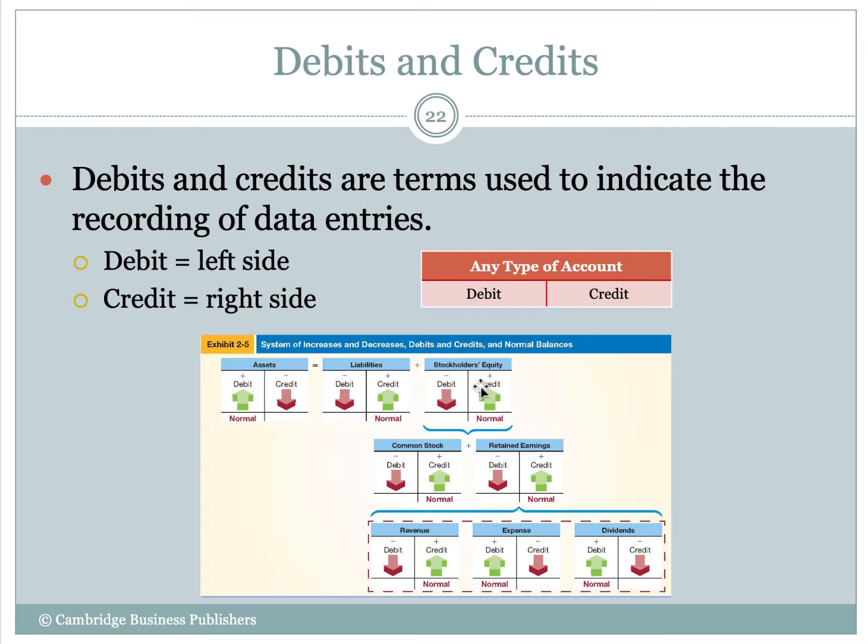So we see here in the middle our T account, and we have any type of account, whatever it is: cash, accounts receivable, liabilities, accounts payable, notes payable, stockholders' equity accounts. We see revenue up here. We'd see our expenses up here. But the left side is always the debit, right side always the credit.